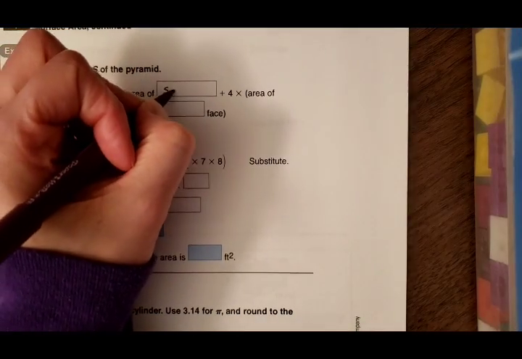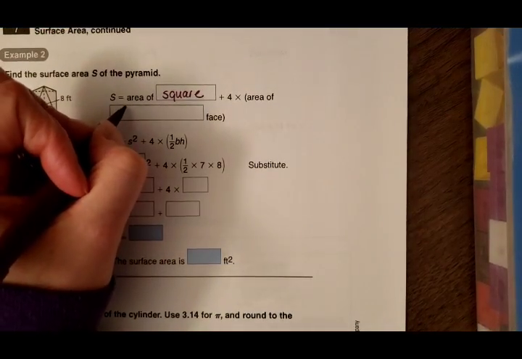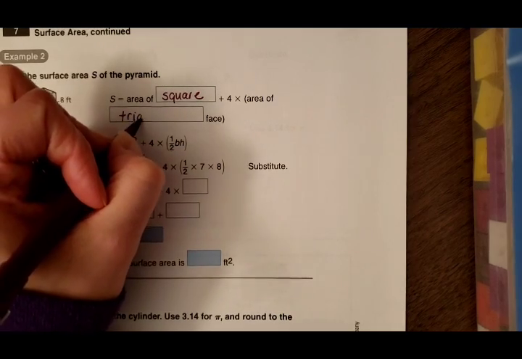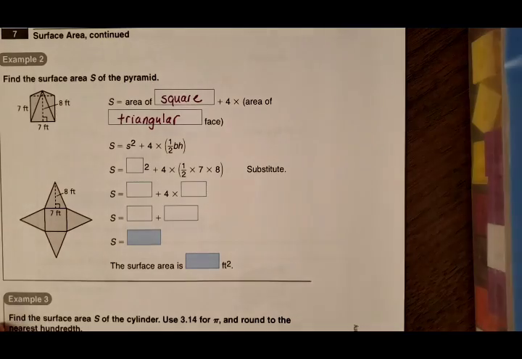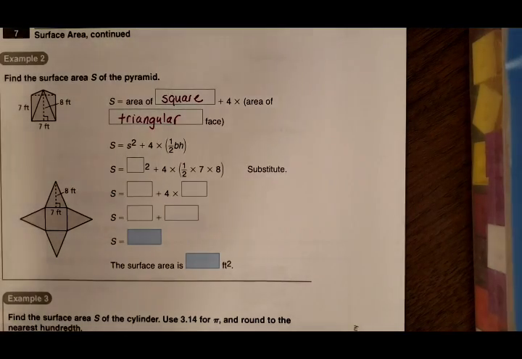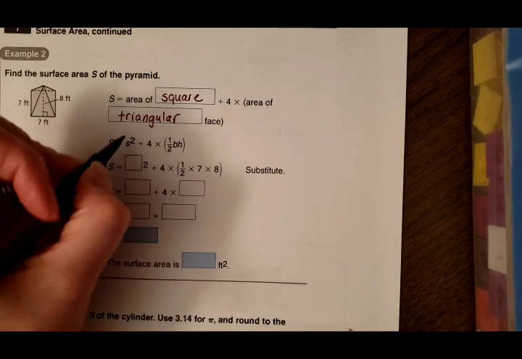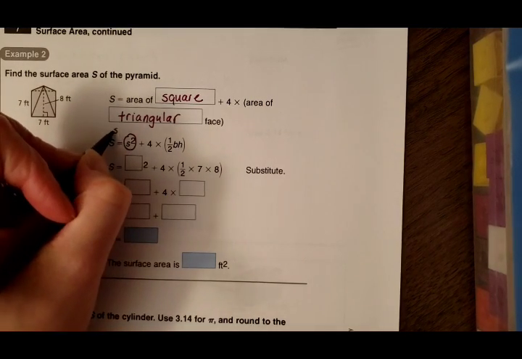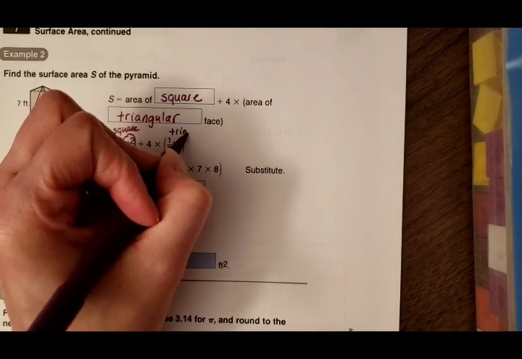So we're going to find the area of the square plus the area of the triangular face multiplied by 4, and add it all together. So let's take a look. Remember, squares have all the same side lengths. This is the square right here, and here's our triangle.